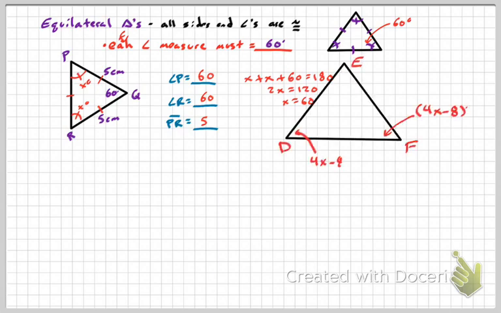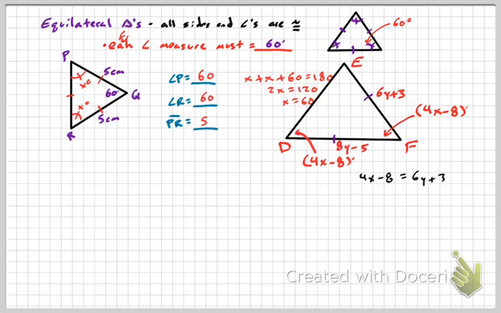Just looking at one more diagram, this one gets a little more complex, okay? But as we look at this, notice that my two sides are the same. So if I wanted to solve for y, my setup would be 4x minus 8 equals 6y plus 3. All right.